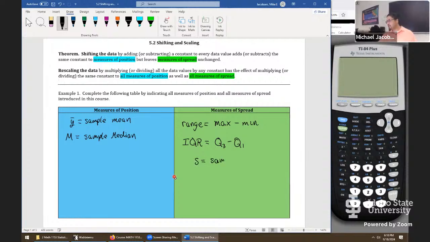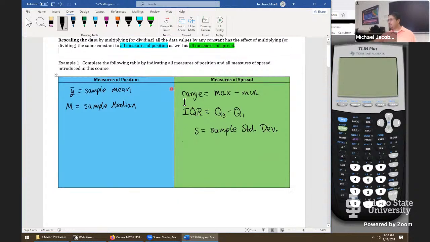S, sample standard deviation. And just to clarify a little bit more about S, how is it a measure of spread? You could think of it in these terms.